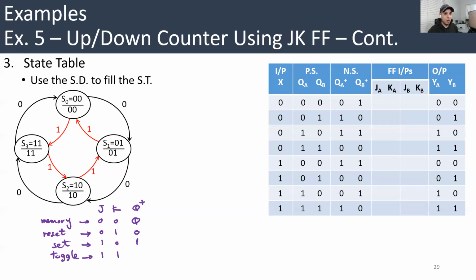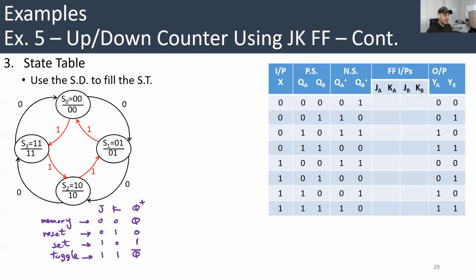If Q of t is 1, Q of t plus 1 will be 0. So here Q plus will be just Q complement. It's a change in its value, 0 to 1 or 1 to 0. We're going to look back and forth at that state table of the JK flip-flop when we fill the 4 columns: JA, KA, JB, KB.